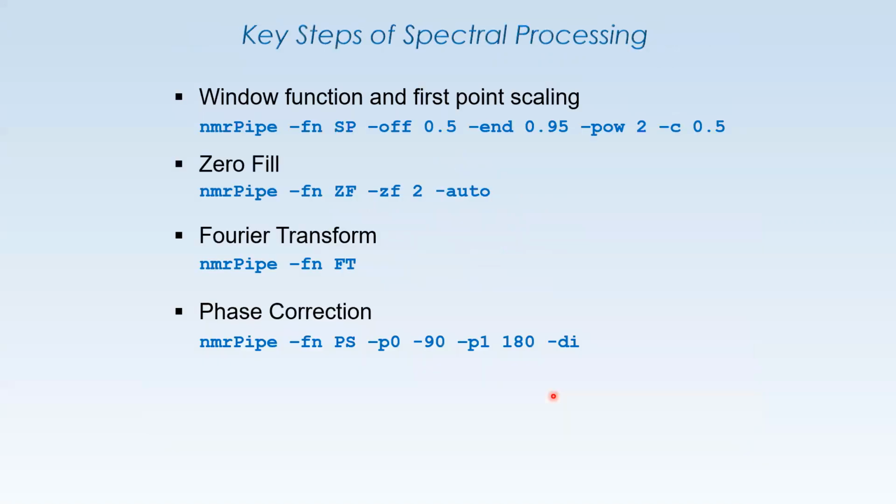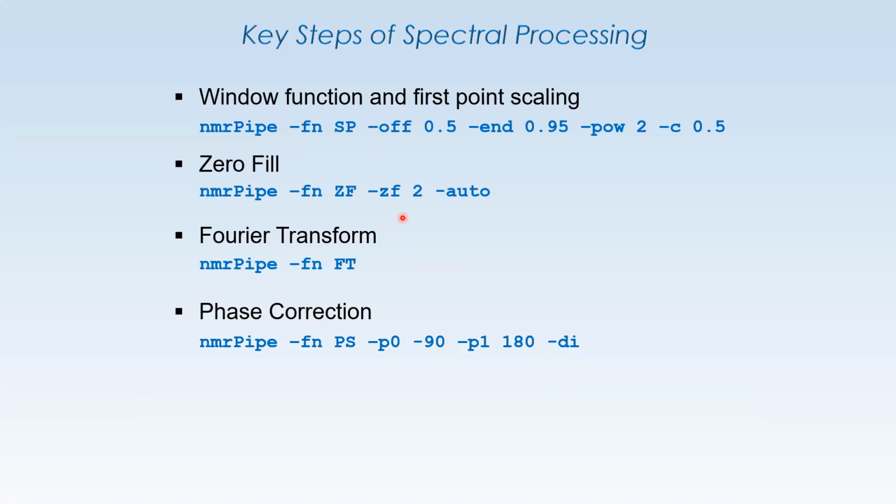And so the learning curve for NMRPipe becomes becoming familiar with the individual commands for performing different kinds of processing functions like window functions, zero fills, and Fourier transforms. And here's some examples. Each of the processing functions in NMRPipe has a short abbreviation.